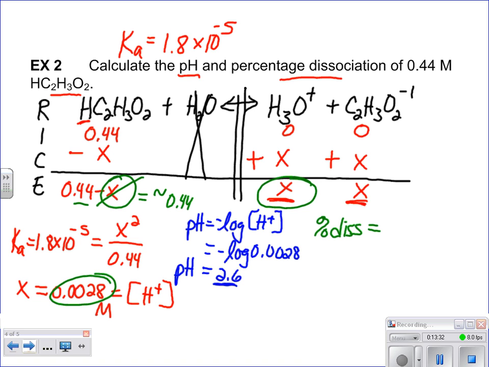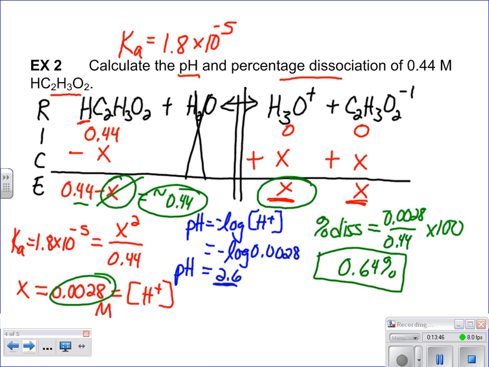So that's going to be this value right there. So we throw those in: 0.0028 divided by 0.44, multiply times 100, and 0.64% dissociates or breaks apart.